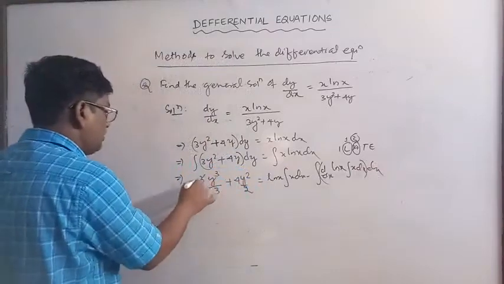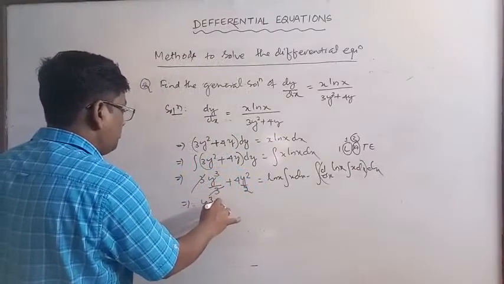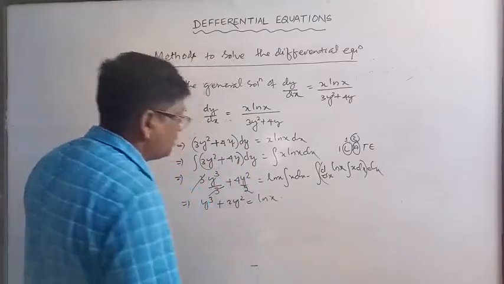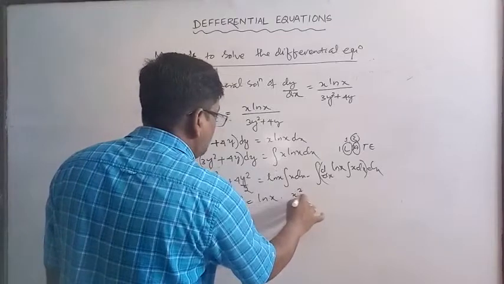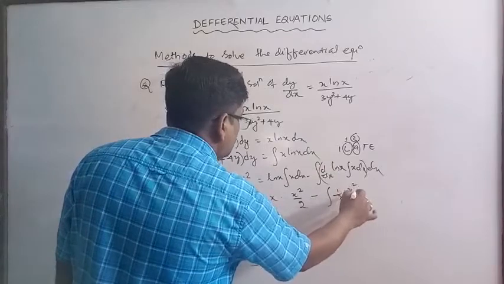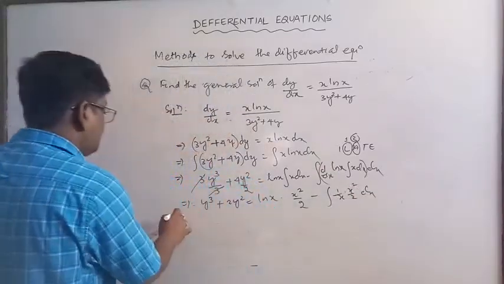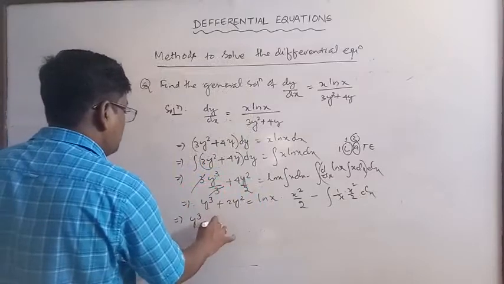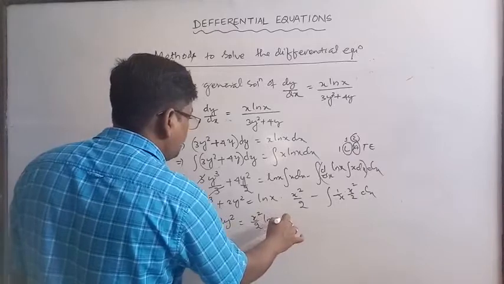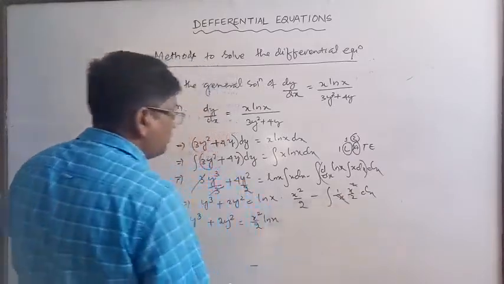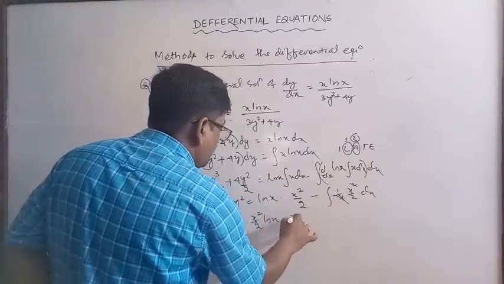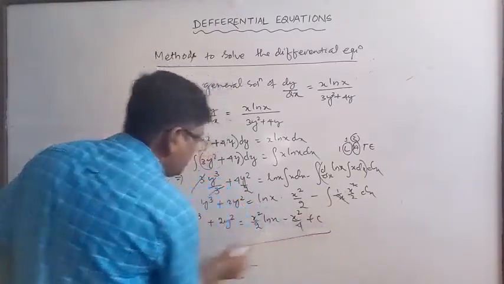So this is equal to, the 3 cancels here, y cube plus 2y square is equal to log x times x square by 2 minus the derivative of log x, which is 1 by x, times x square by 2 into dx. So this is y cube plus 2y square equals x square by 2 into log x, and x cancels here. The integration of x is x square by 2, and the 2 is present here, so x square by 4 plus c is the answer.